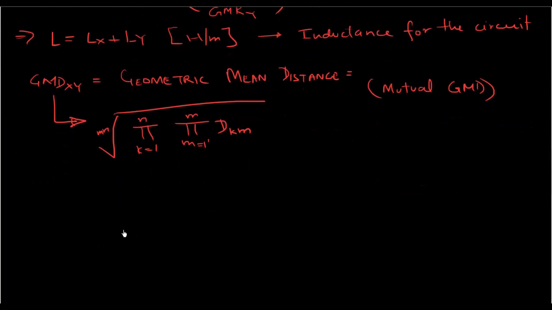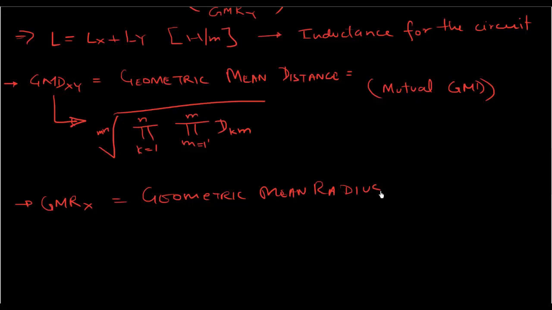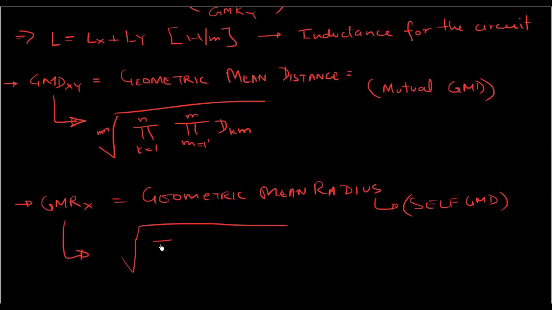And then you have GMR of X is geometric mean radius, also called self GMD in some text, and this is equal to the product of k going from 1 to n and the product of n going from 1 to n, dk of n, and this is to the root of n square.